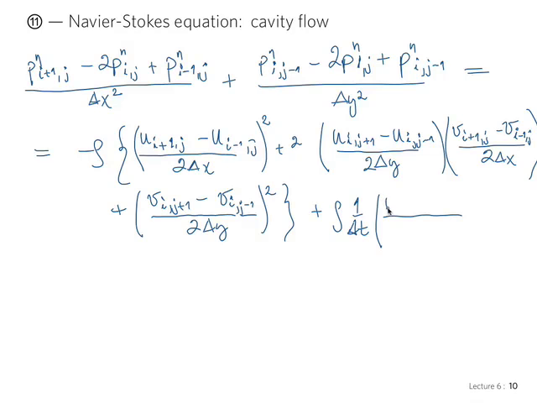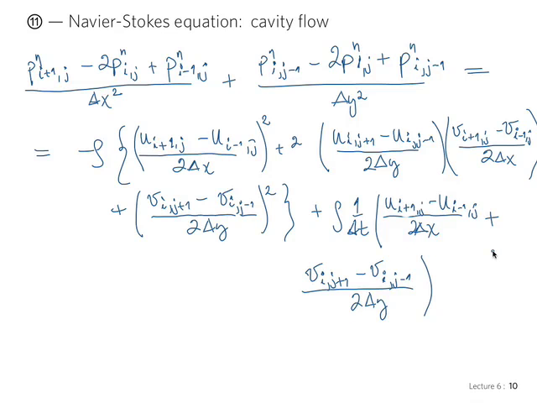So du dx, it's i+1,j minus u_i-1,j, divided by 2 delta x, and plus dv dy, so v_i,j+1 minus v_i,j-1 divided by 2 delta y. And I think I've got everything there.